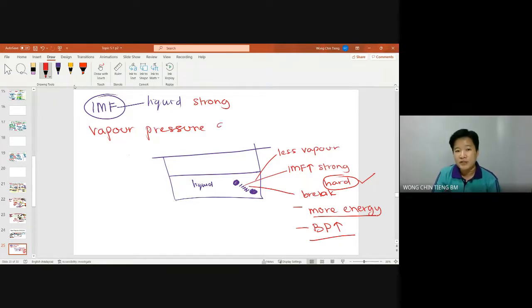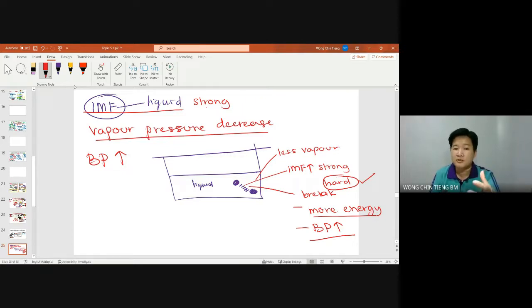So when the vapor pressure decreases, you need to increase it to achieve the boiling point. So the boiling point increases. So there are three things, so we can't directly say directly proportional or inversely proportional, we can't. Alright? When the intermolecular forces of the liquid are strong, little vapor is produced. When little vapor is produced, vapor pressure decreases. When vapor pressure decreases, we need a higher boiling point. We need more energy to raise that vapor pressure. Agree? Okay, simple. That's it.